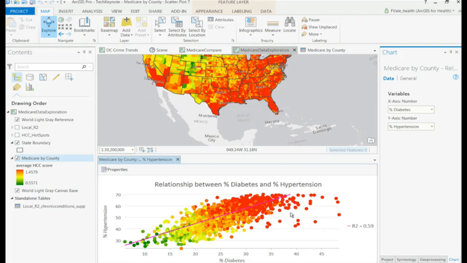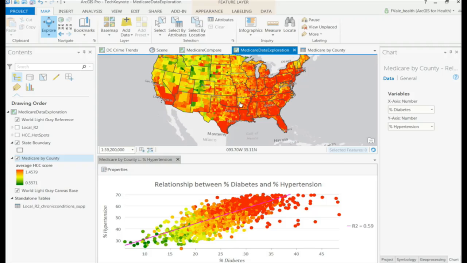With the symbology still maintained from my map, I get that third variable included in here. So the coloring is still by HCC score while I'm comparing diabetes and hypertension. And as we would expect, the higher HCC score values are falling where we have the most hypertension and diabetes prevalence. So that's a way of looking at multivariate data exploration.